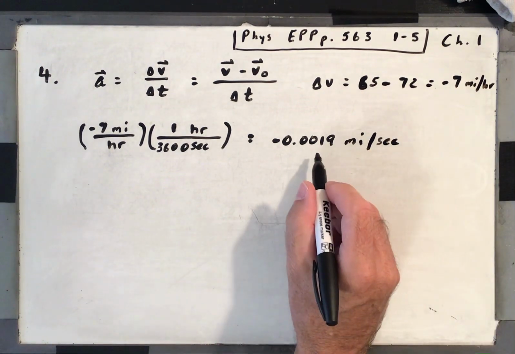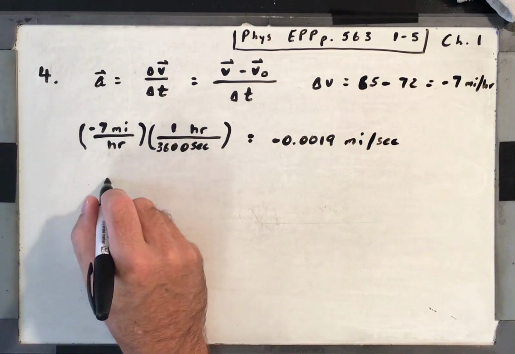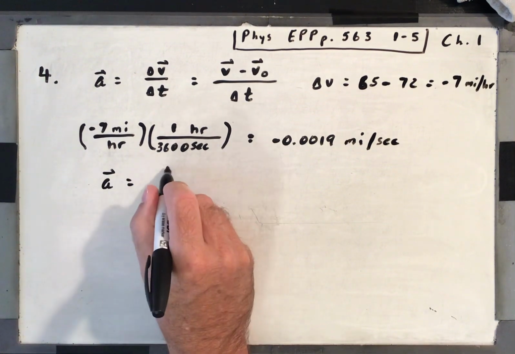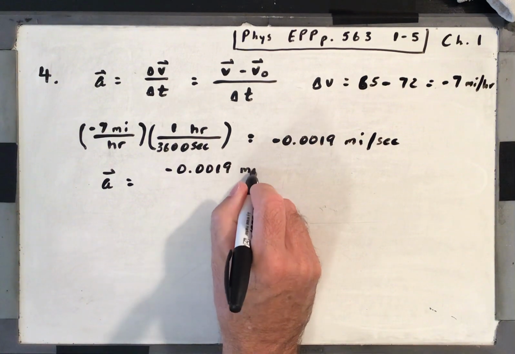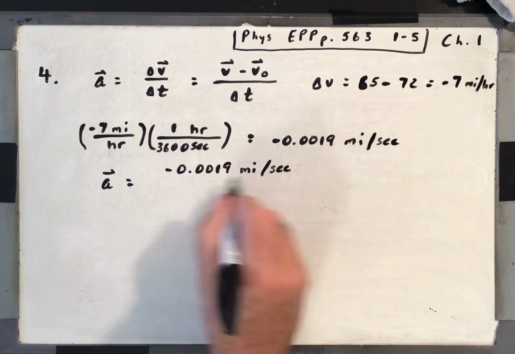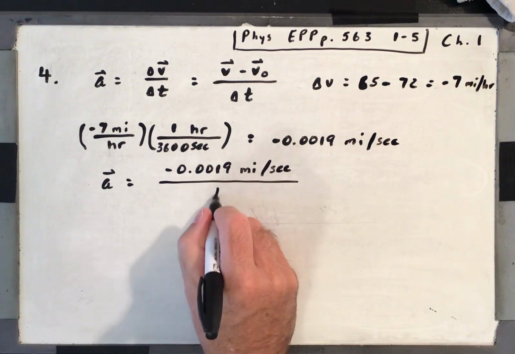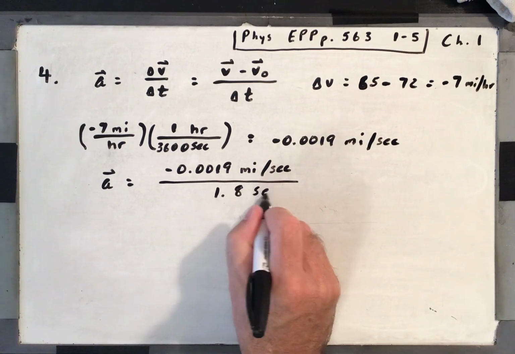Okay, now we can use that to get acceleration. So acceleration is minus 0.0019 miles per second divided by 1.8 seconds.